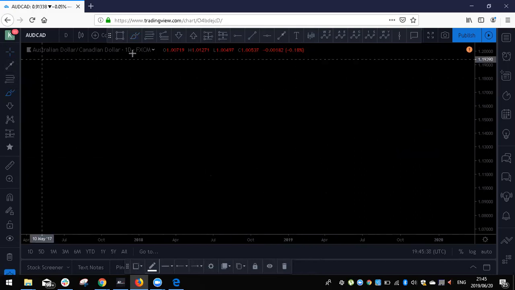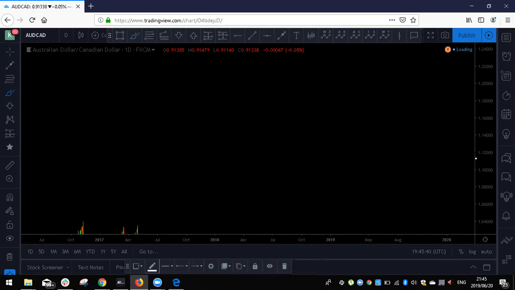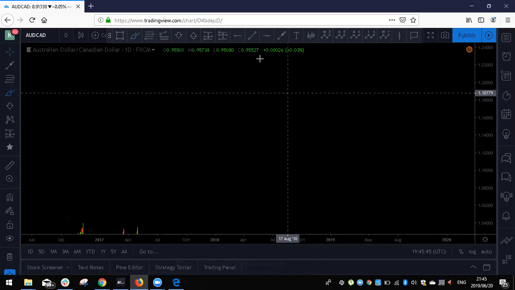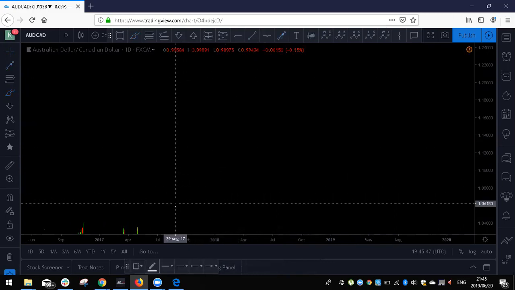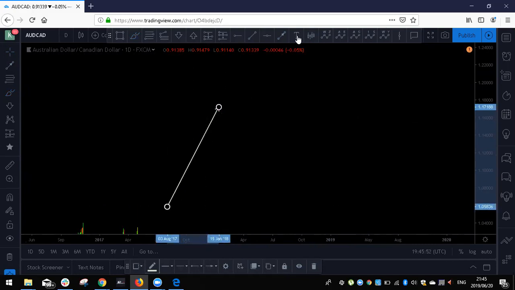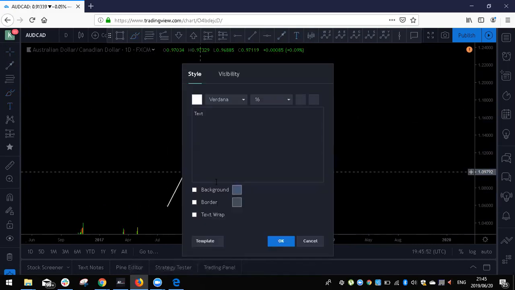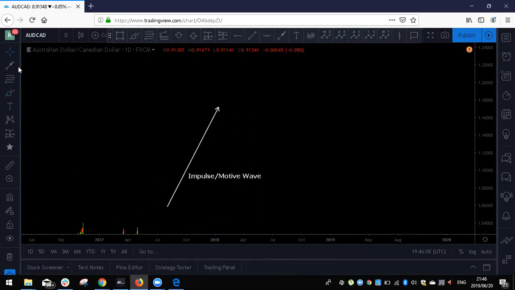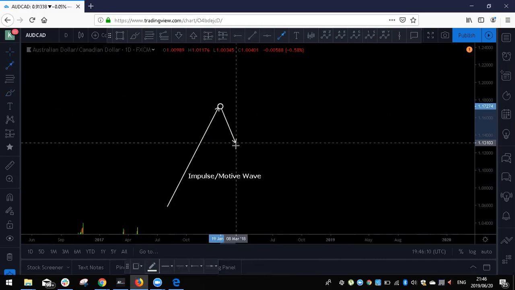Here's a strategy that works even if you don't understand Elliott wave. Once you spot a strong move in the market, I'm going to say it's an impulse or motive wave, and then you see price starting to reverse.